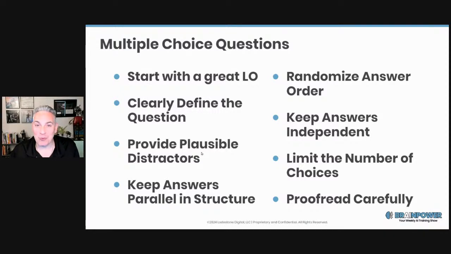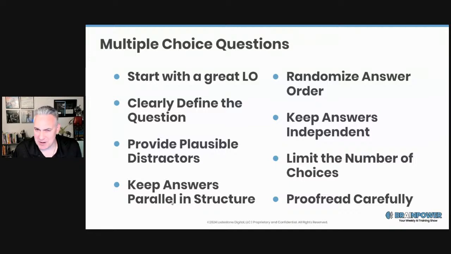They need to be real world; we don't want a massive contrast between the correct answer and your distractors. You want to keep the answers parallel in structure. They should be the same length. Typically, the correct answer is the longest answer, and the distractors are the shorter answers.